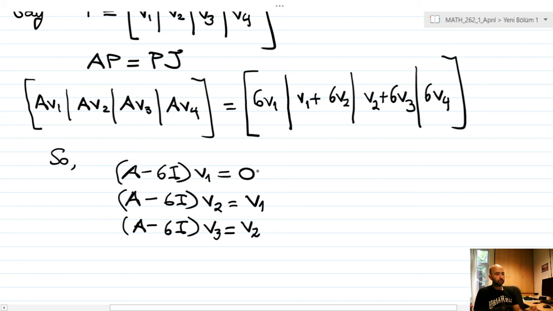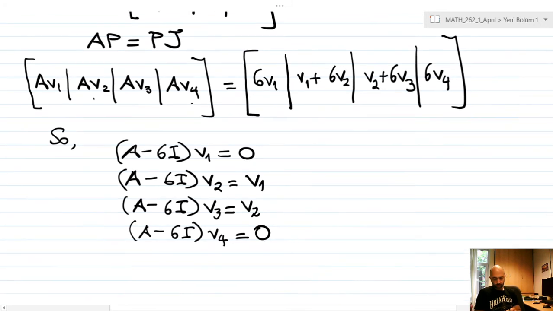The first equation is from the first column equation here. The second equation is by comparing the second columns and so forth. And the last one is simply AV4 is 6V4. In other words, it's A minus 6I V4 equals 0.